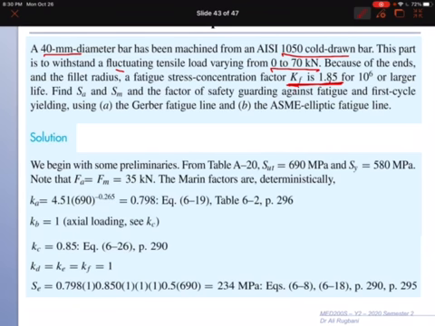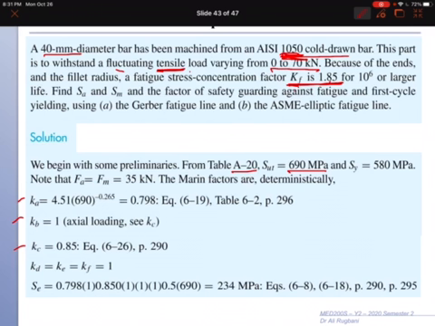In this problem, first you need to find ultimate strength for this material, which is given in table A20, and then you need to calculate endurance limit. Start by 0.5 of this value and then add all the factors. These three factors come from material and type of load. Axial load.